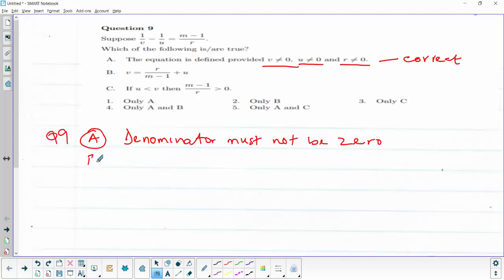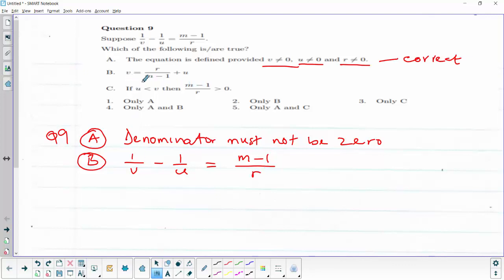Now let us go to B and consider B as well. So B is given as v equal to r over m minus 1 plus u. So we need to go back to our original equation, which is 1 over v minus 1 over u equal to m minus 1 over r.